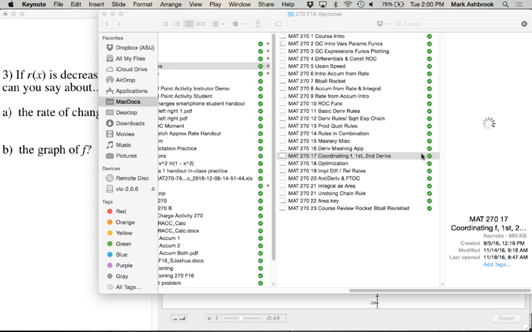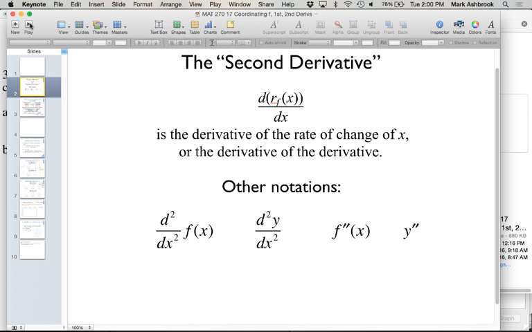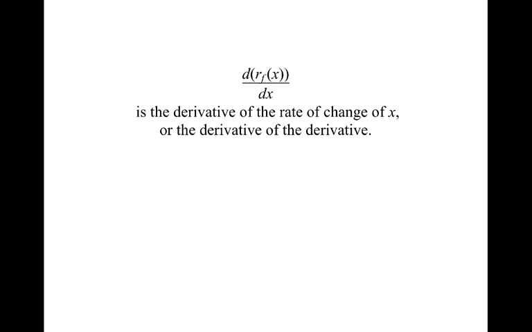Okay, so we've been talking about the rate of change of the rate, right? Starting to talk about the rate of change of the rate. And so that's the derivative of the rate of change, or the derivative of the derivative. And so that's why we call it the second derivative.